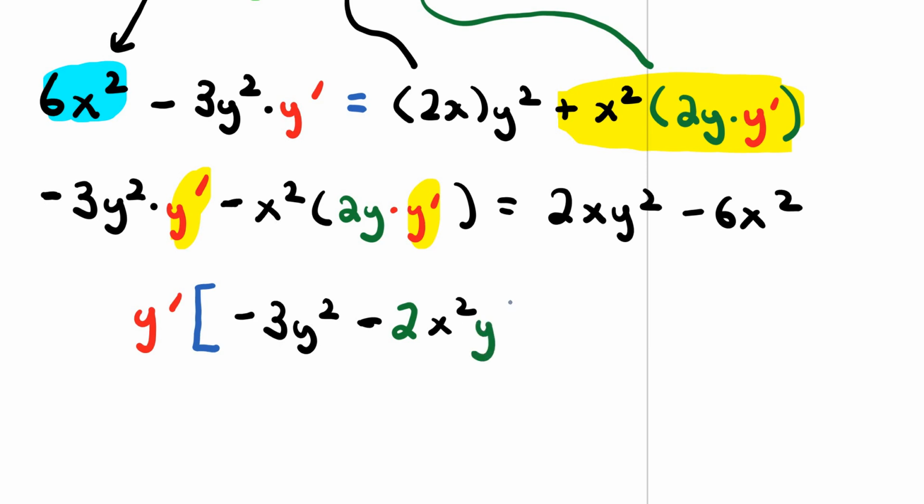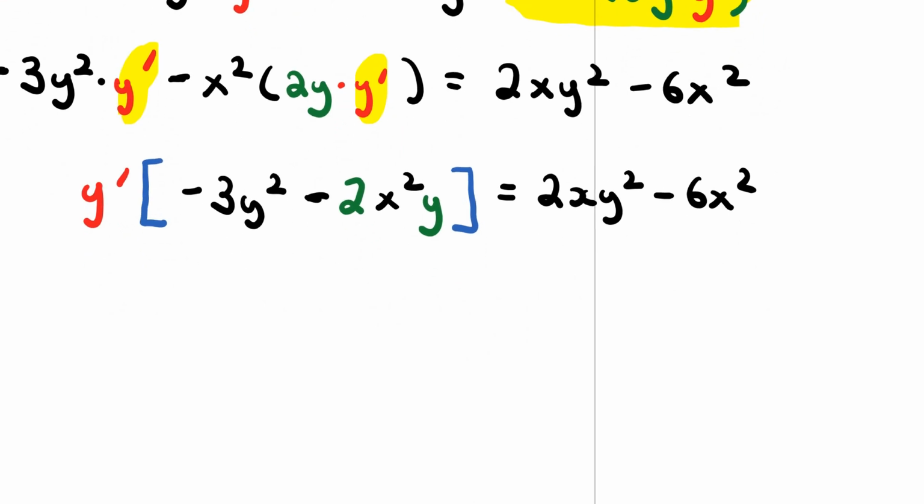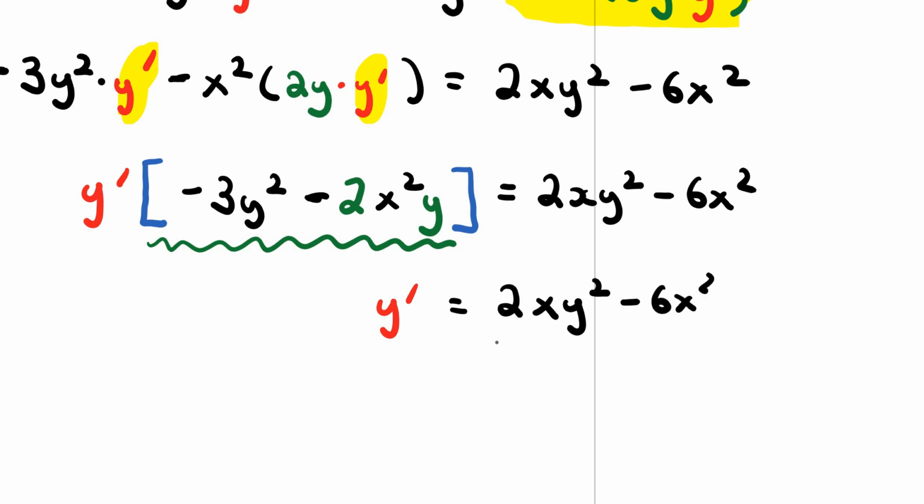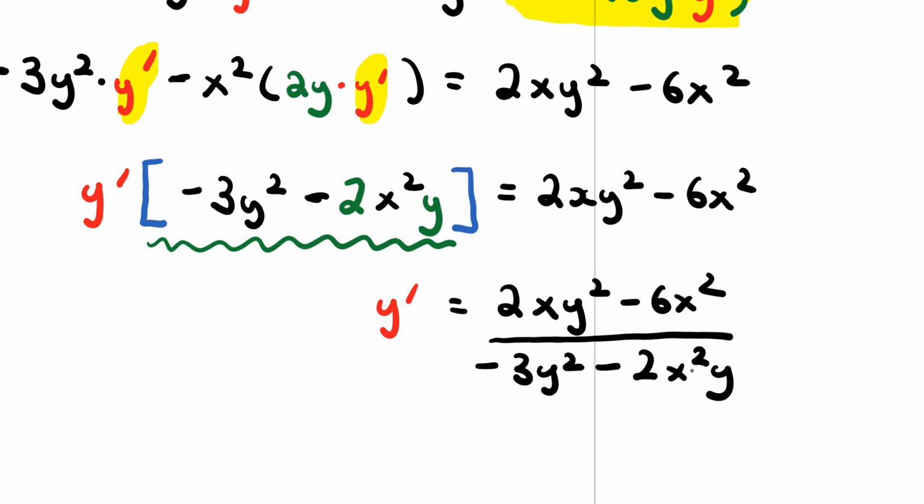I'm just going to rearrange the colors there, and then I can close that bracket off, and that's going to equal 2xy squared minus 6x squared. Then I can divide both sides of the equation by this expression right here. So if I do that, I get y prime equals 2xy squared minus 6x squared, all divided by negative 3y squared minus 2x squared y. Okay, so that should do it for that particular question.